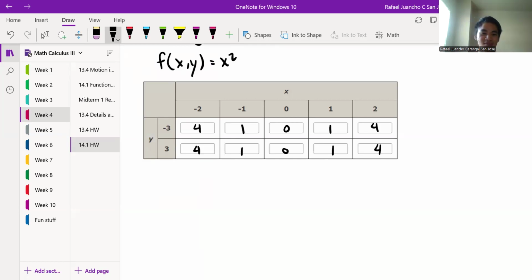If I type it in, that's funny though. Ooh, nice pattern: 4, 1, 0, 1, 4. Nice and easy. Then same goes at the bottom row: 4, 1, 0, 1, 4. So I just take every x value and I square it pretty much. That's all I did here.